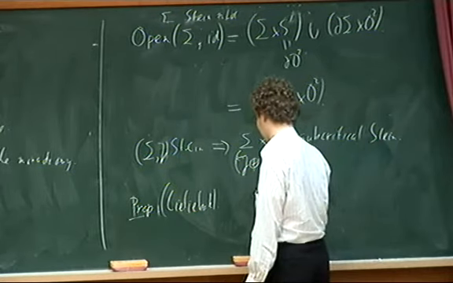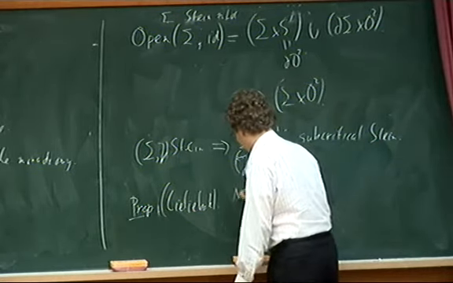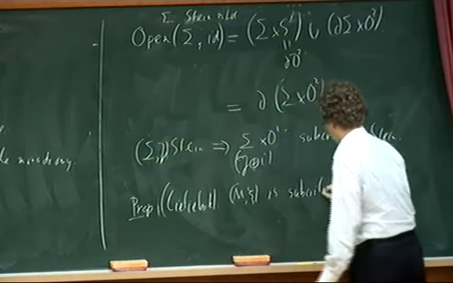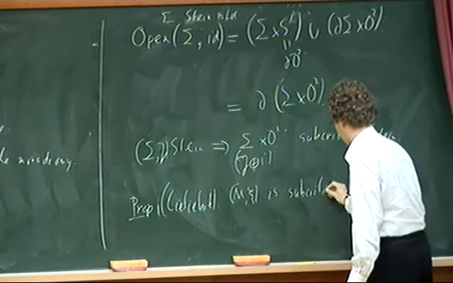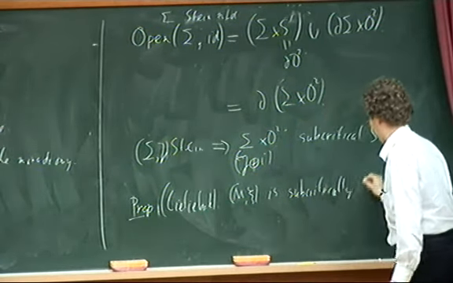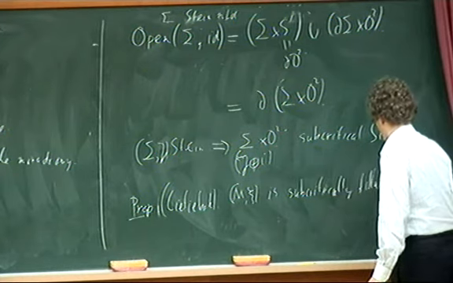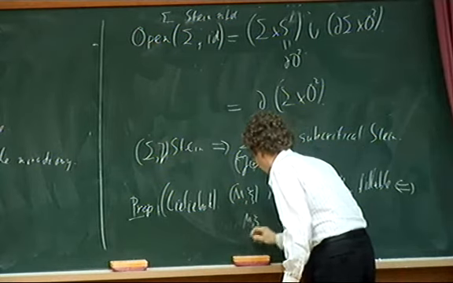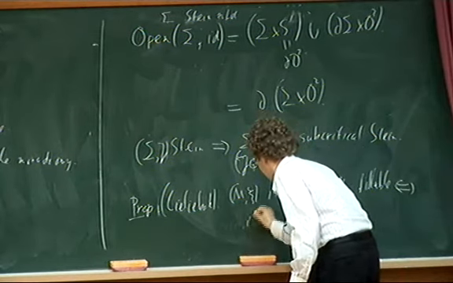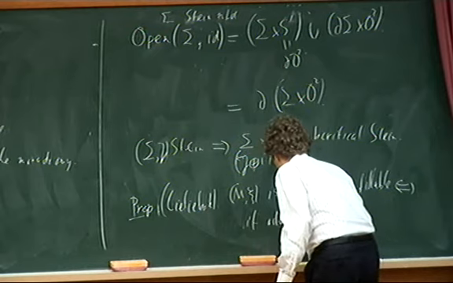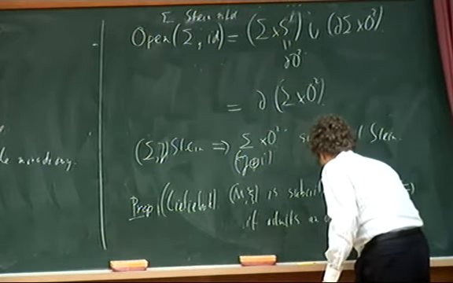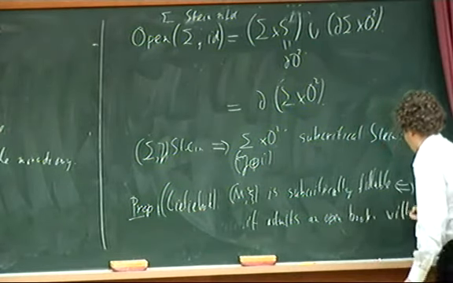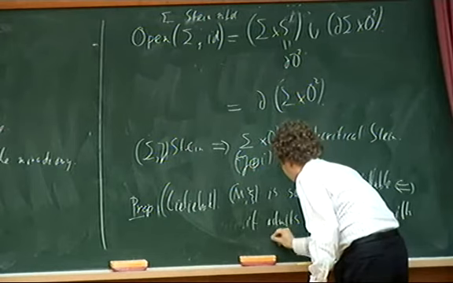That means that M_ψ is subcritically fillable precisely when it admits an open book with monodromy the identity.